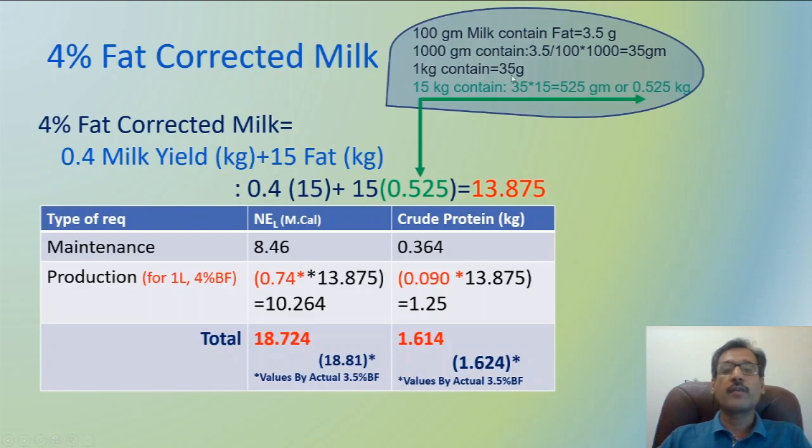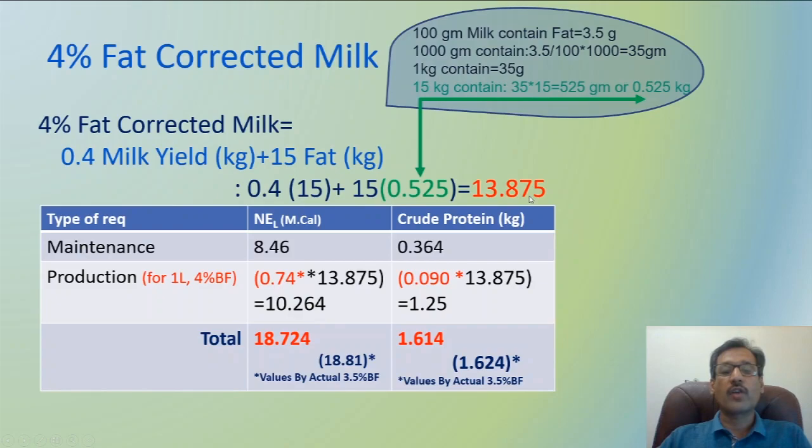That value I have taken because this animal is producing 15 kg of milk. So I have multiplied this 15 with 35 to get a value of 525 gram, or it can be converted into kg, 0.525, because we are taking the value in kg. Then we put the value over here, we get 13.87.